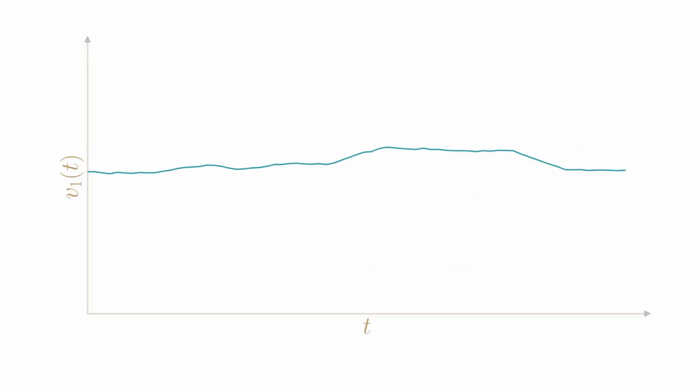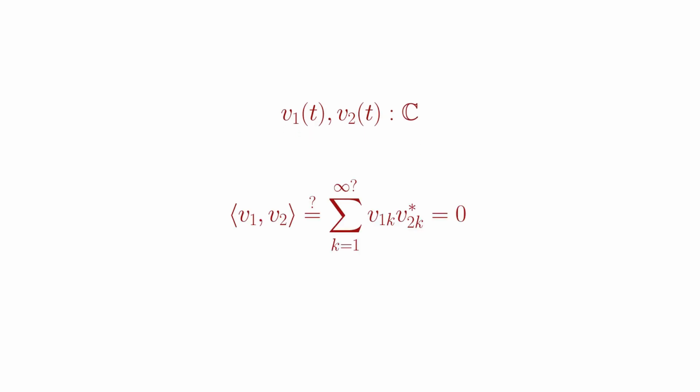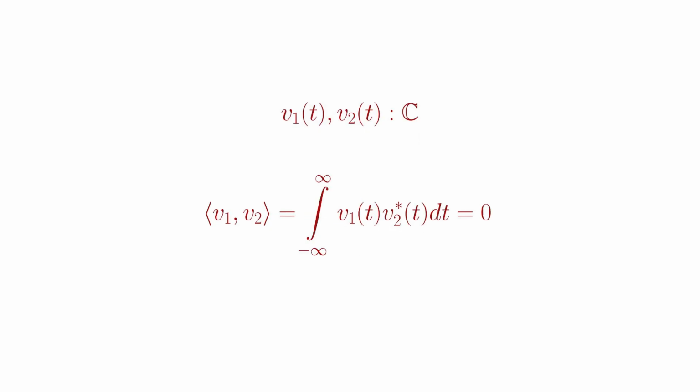Now, a continuous time signal can be thought of as an infinite dimensional vector. Oh, because it is defined over a continuum of values of time. Nice. Exactly. Note that this signal could be real or complex. So we can extend the idea of orthogonality to an infinite dimensional space by replacing this summation with integration.